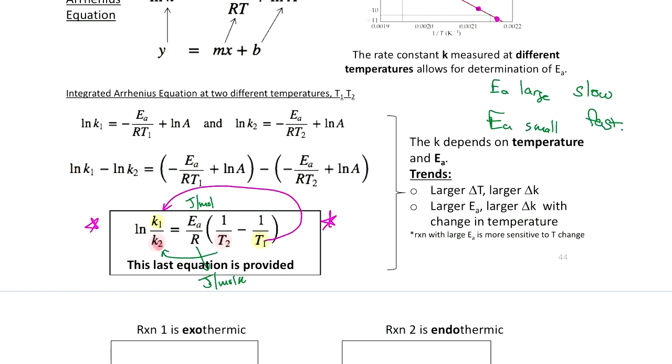Yes, they do. But which one changes more? All right? So in the reaction that's already going slow, you give it more energy, it's going to take that energy and go a lot faster. Versus a reaction that's already going fast, you give it a little bit more energy, it goes faster, but not as much because it's already going fast.